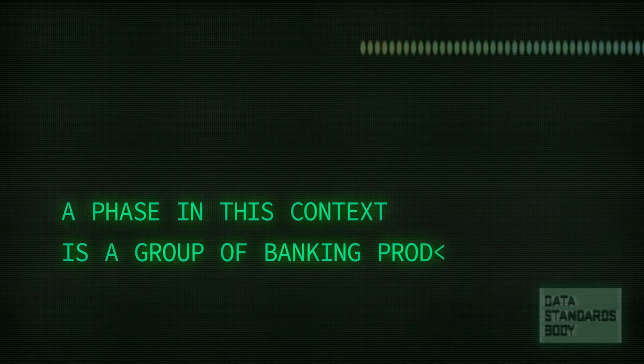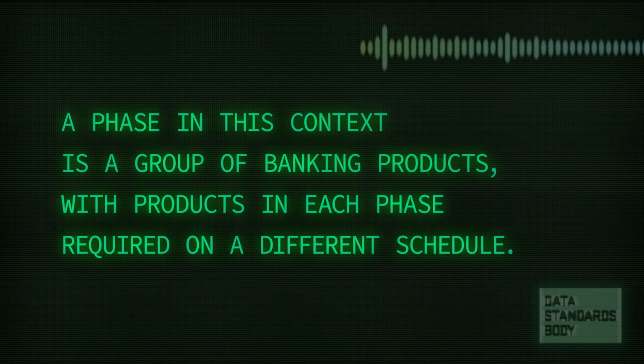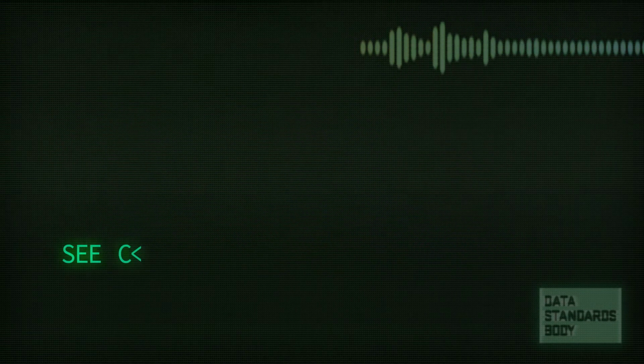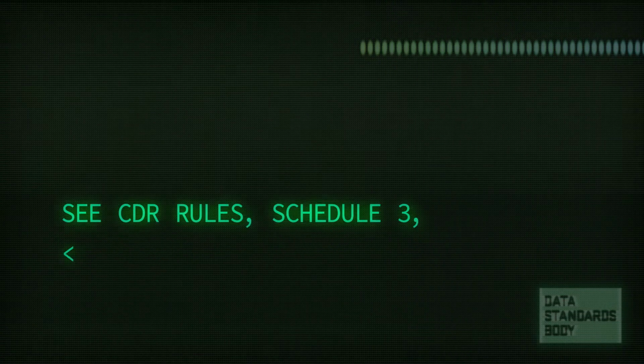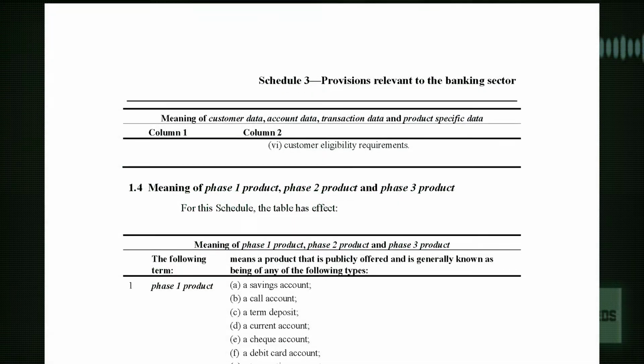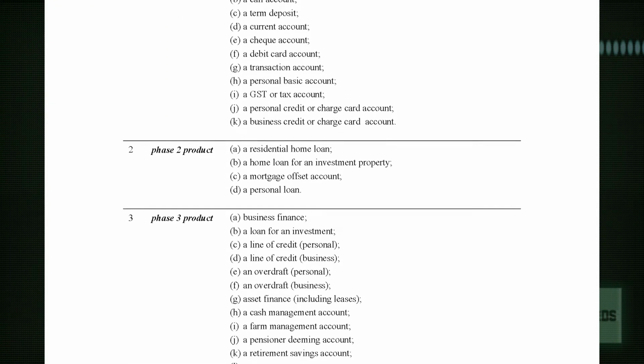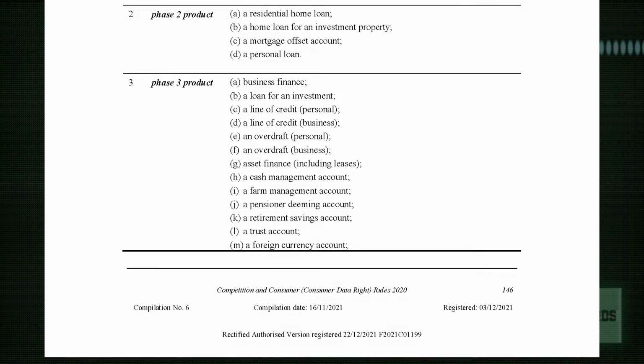A phase in this context is a group of banking products, with products in each phase required on a different schedule. See CDR Rules, Schedule 3, Banking Sector, Part 1, Section 1.4 for definitions of phases and the banking products assigned to the phases.